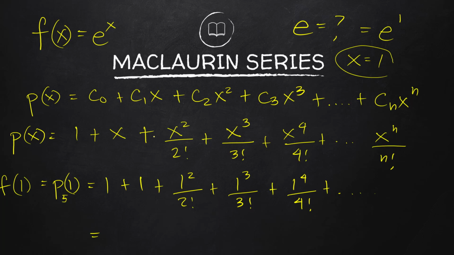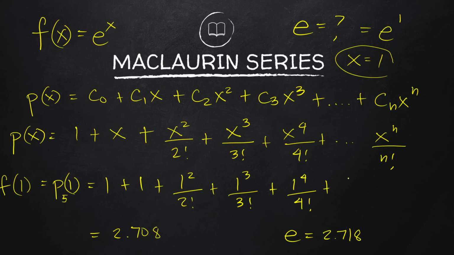This will be 1 plus 1 plus 1 over 2 factorial plus 1 over 3 factorial plus 1 over 4 factorial. This will be equal to 2.708. But the value of your constant e is equal to 2.718.